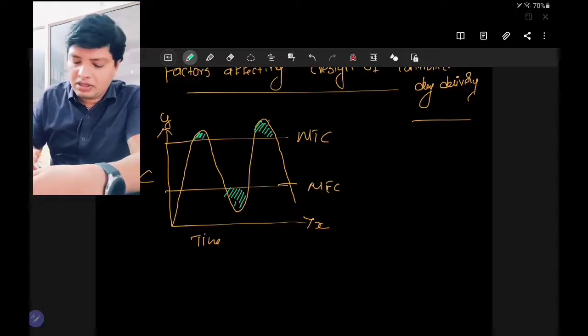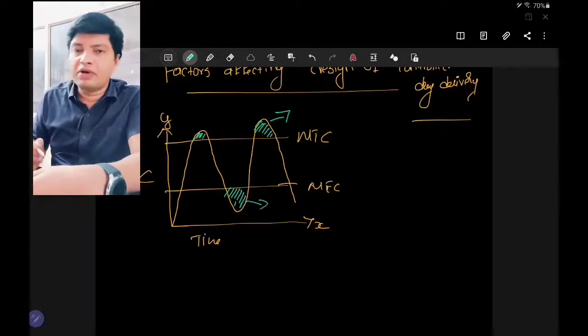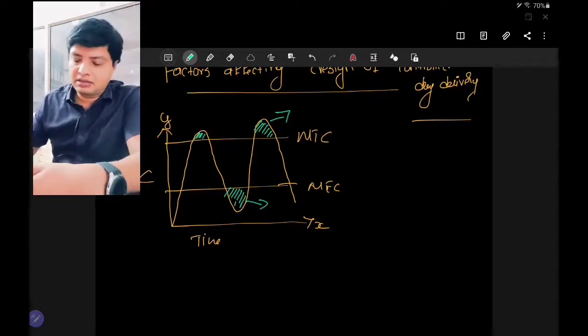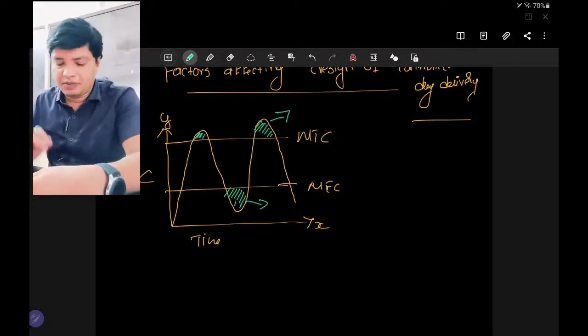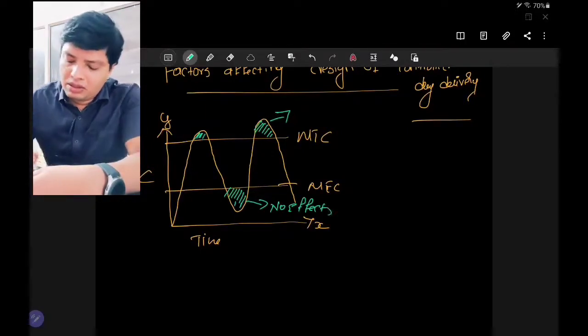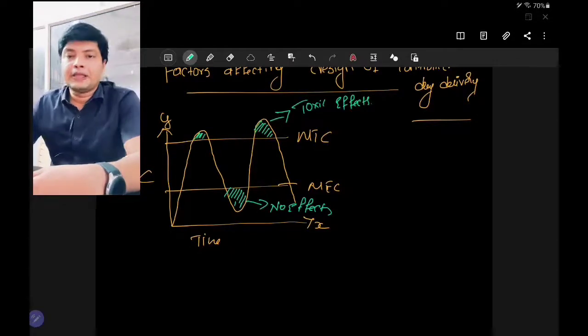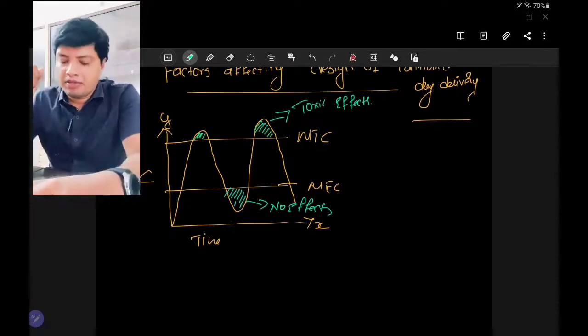The toxic concentration will produce toxic effects and the lower concentration will produce no effects. Here no effects, and here we have toxic effects. Okay, so that's what the problem is.